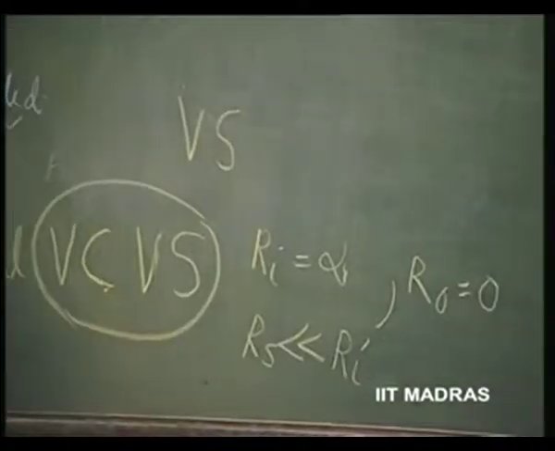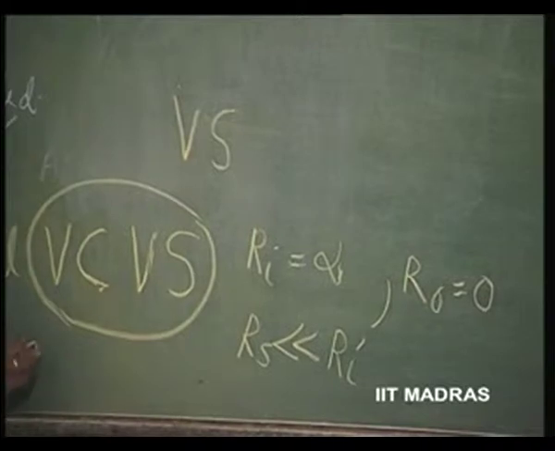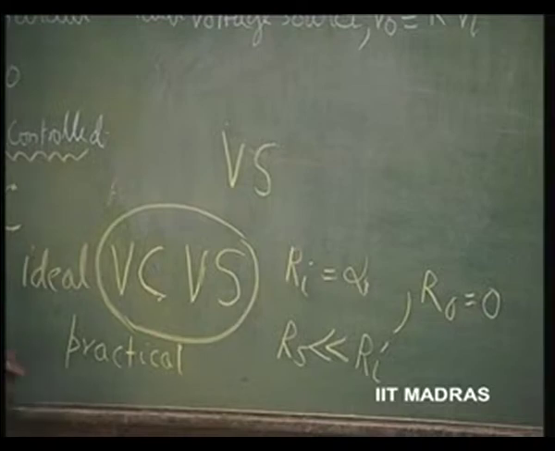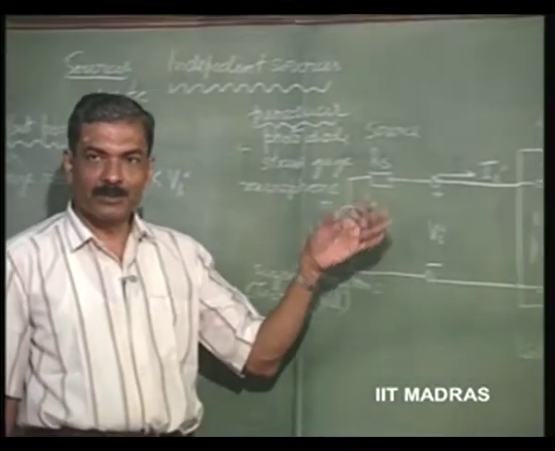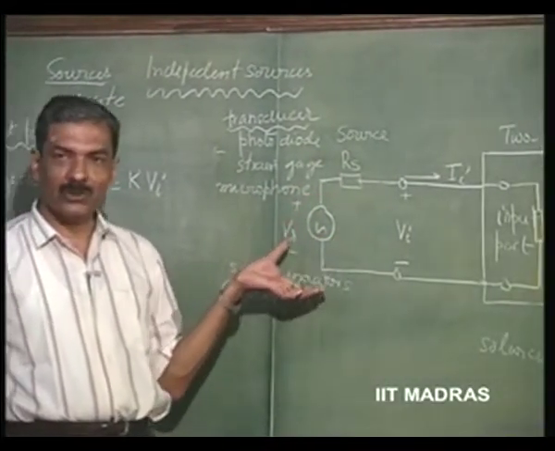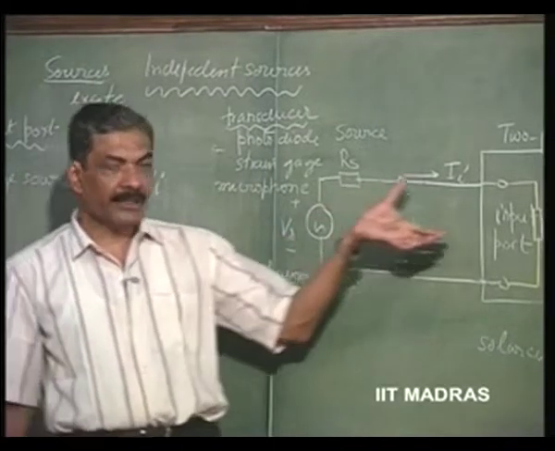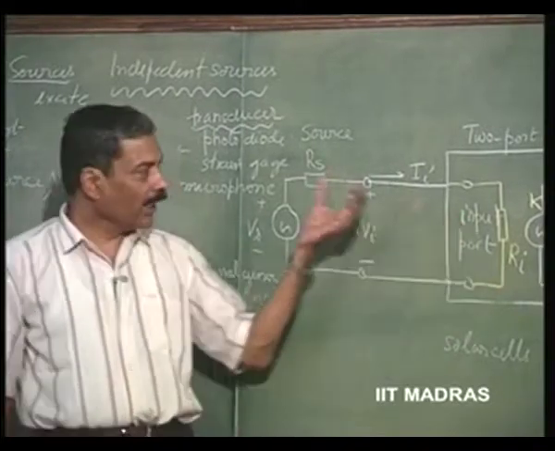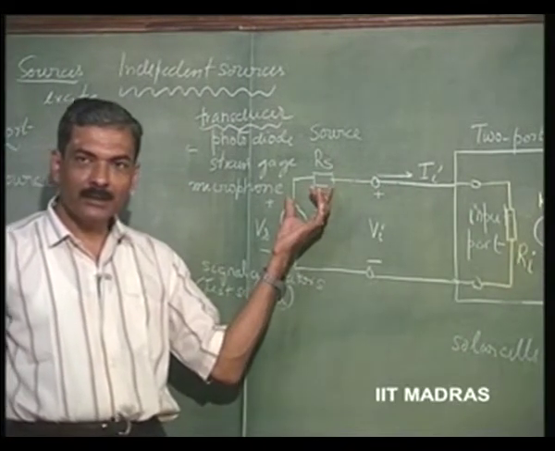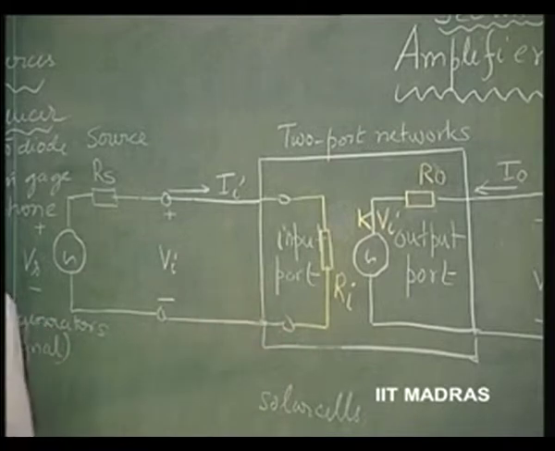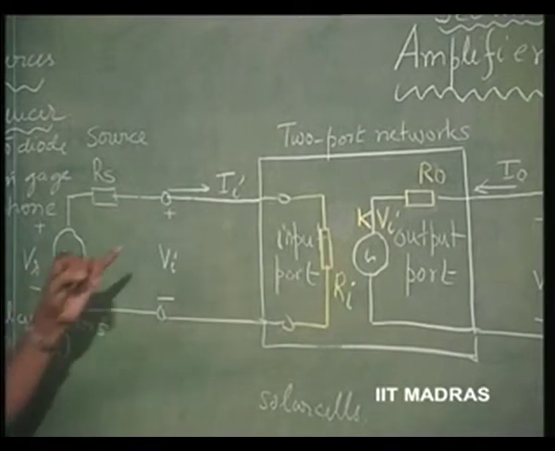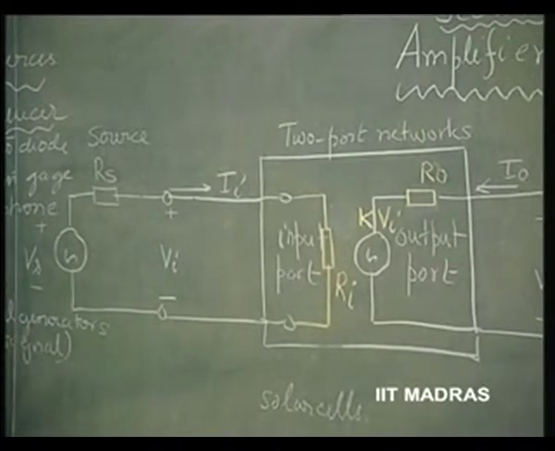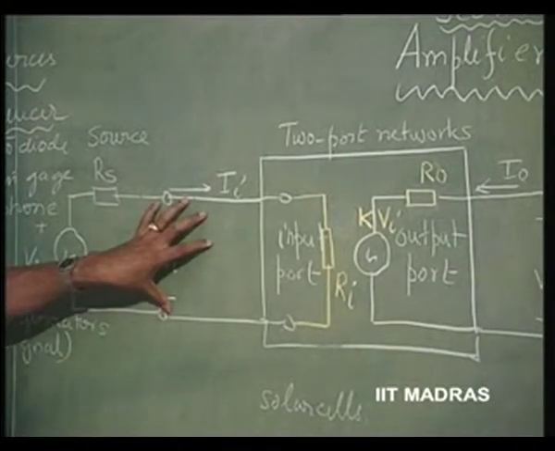That means, in a practical situation, I can call this system, which is being fed by a non-ideal source into a non-ideal port, as voltage controlled as long as Rs is much less than Ri. In such a situation, Vi is going to be very close to Vs. So, this port becomes voltage controlled.